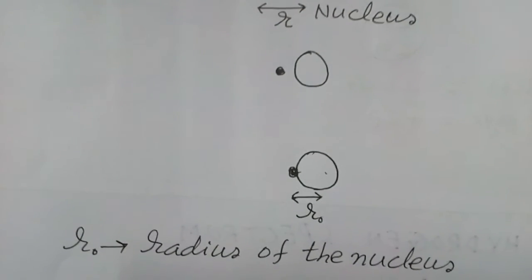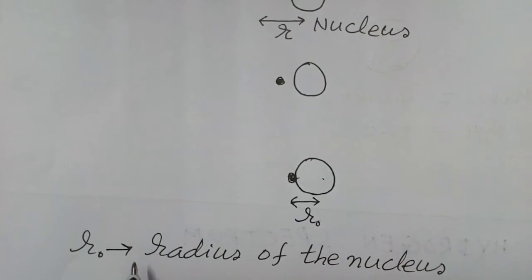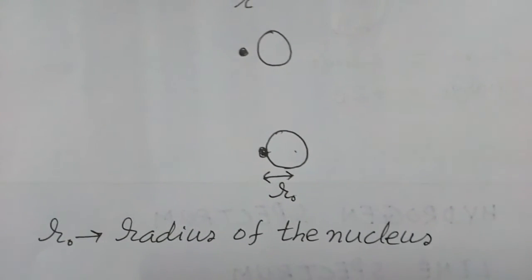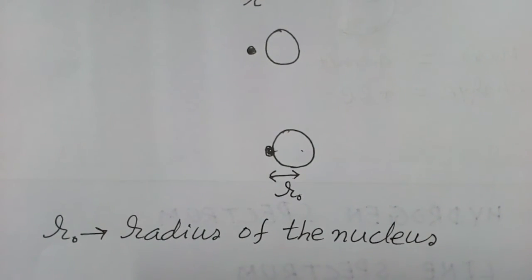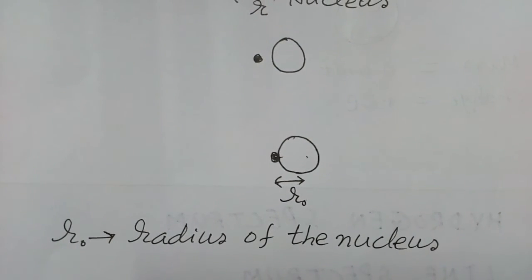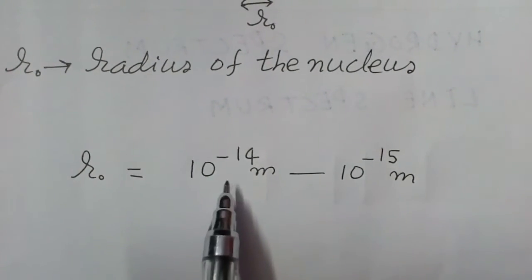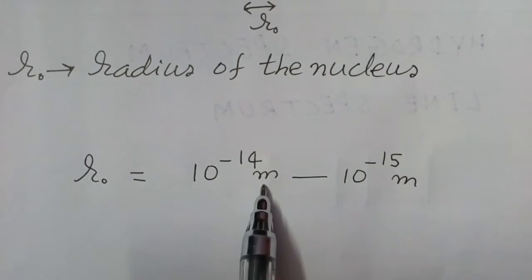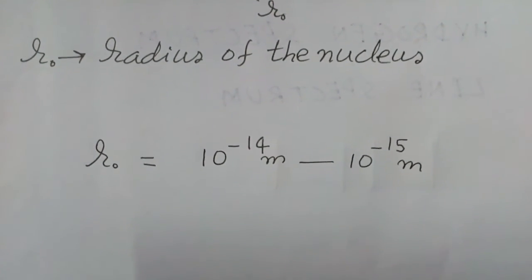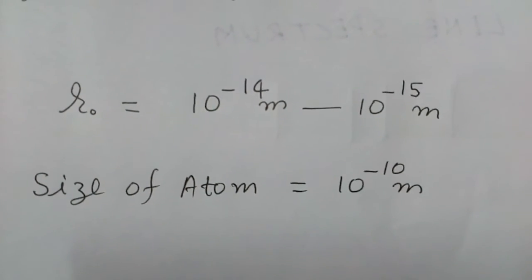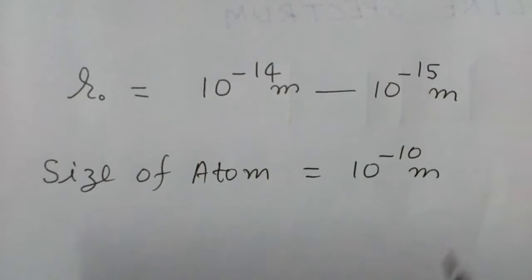Now if the distance of the alpha particle from the nucleus is r0, then we may say that this r0 is the radius of the nucleus. It is just an estimation of the radius of the nucleus. The radius of the nucleus is between 10^-14 meter to 10^-15 meter, and the size of an atom is 10^-10 meter, meaning the radius of the atom.